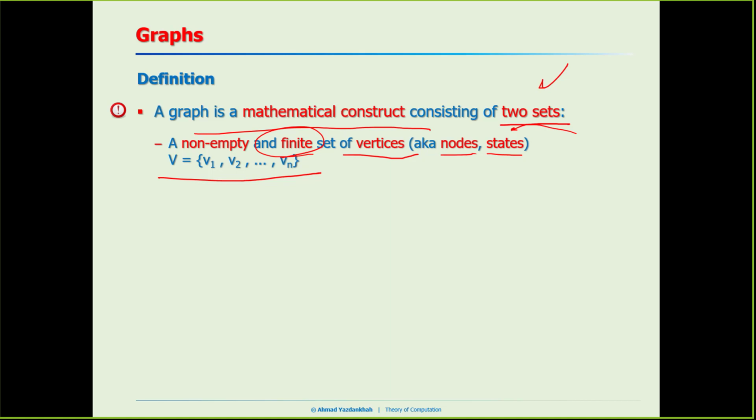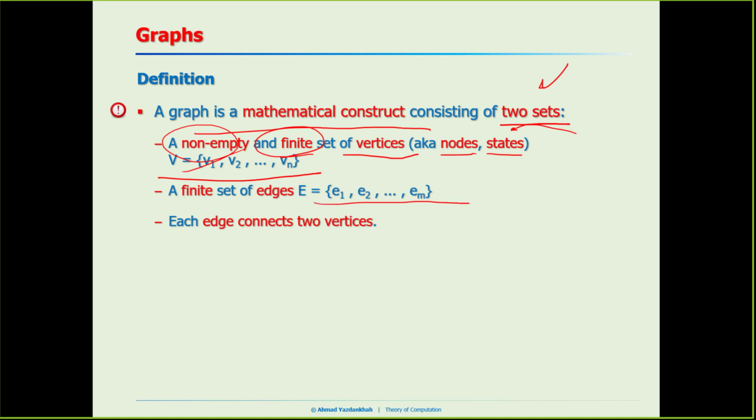Both of these are important. And we have a finite set of edges. So here it can be empty as well, right? And we know that each edge connects two vertices. For example, something like this, right?